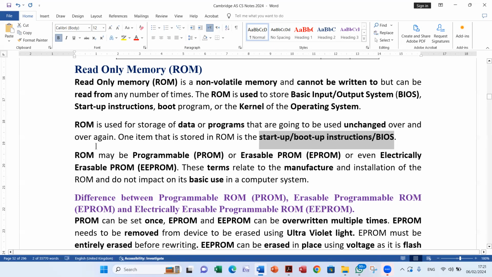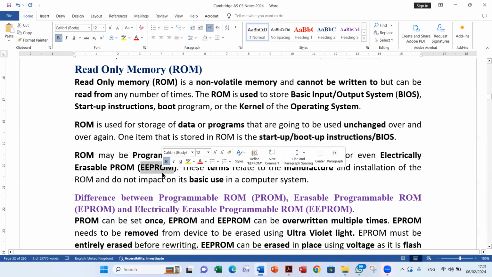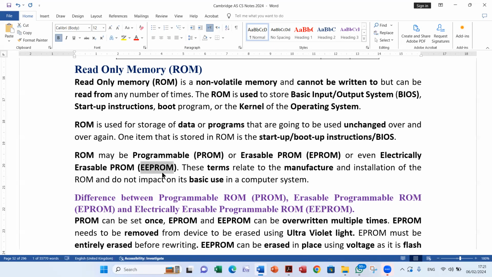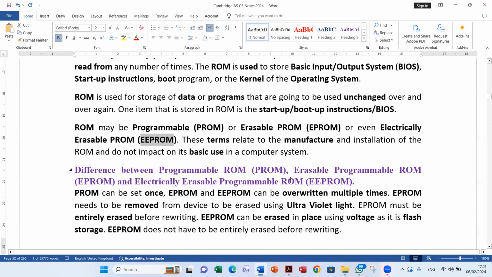And this becomes the SSD. The electrically erasable programmable ROM recently became the SSD, the solid state device. These terms relate to the manufacture and installation of the ROM and do not impact its basic use in a computer system. So you have electrically erasable programmable ROM.